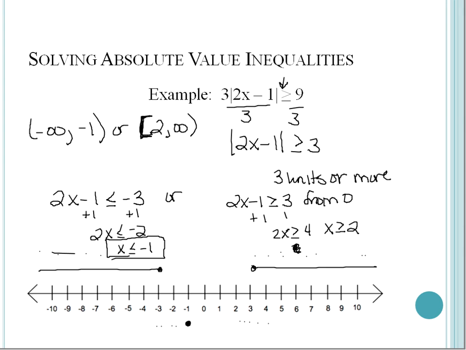When someone's typing in a big U or a capital U, and sometimes we use set notation, that set notation kind of looks like a capital U. It's unioning or joining these two. And so it says I can either pick numbers from negative infinity to negative 1, or from 2 to infinity.